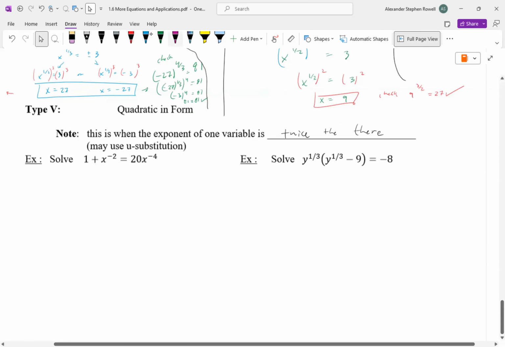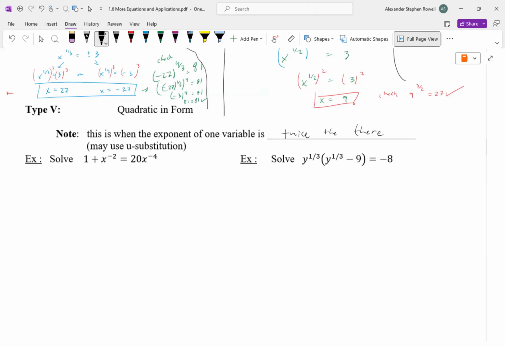For instance, this problem, I could move these terms over, subtract x to the negative second from both sides, and subtract 1 from both sides to get 0 is equal to 20x to the negative fourth minus x to the negative second minus 1. What gives it away that this is quadratic in form? -4 is twice -2.